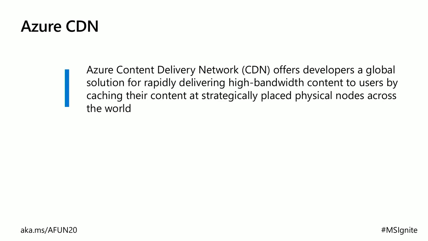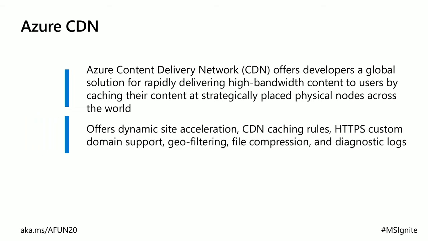So it can be really, really good if people are constantly downloading really large, intensive files, or if you have a certain kind of static page that is really popular and you're concerned about being able to handle the traffic. We will cache content strategically at locations all over the globe, which also means that it can be much faster sometimes for people to get content or download things from you no matter where they are.